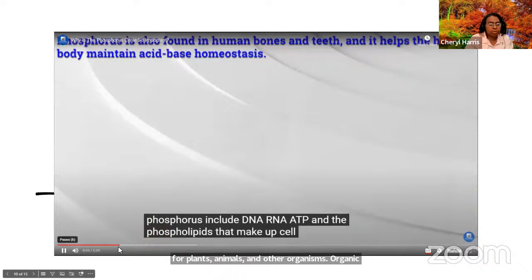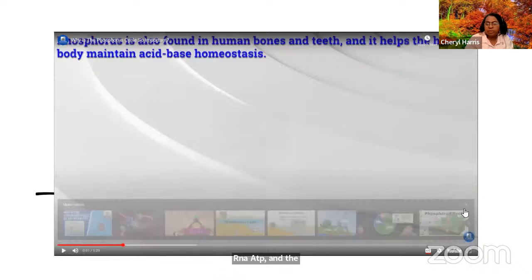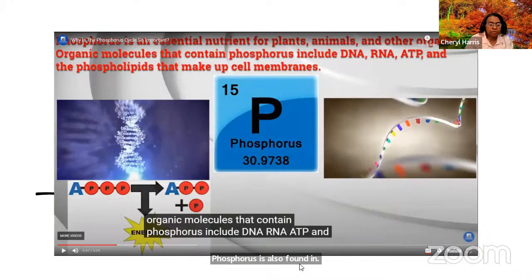All right, I'm going to try to pull that back because you need to know that. As far as when I asked that question, what are our phosphorus reserves? All right, so it's DNA, RNA, and ATP. ATP stands for adenosine triphosphate.